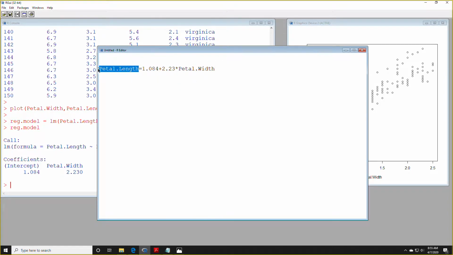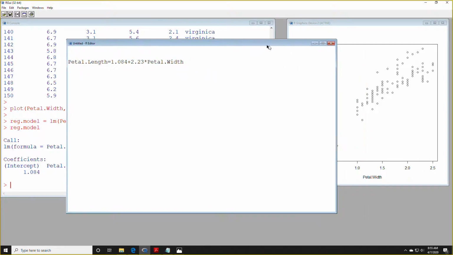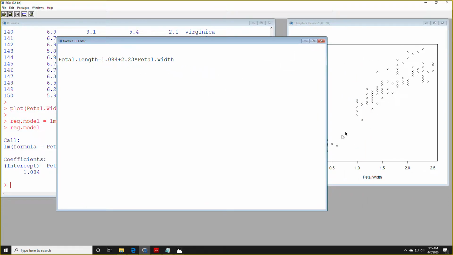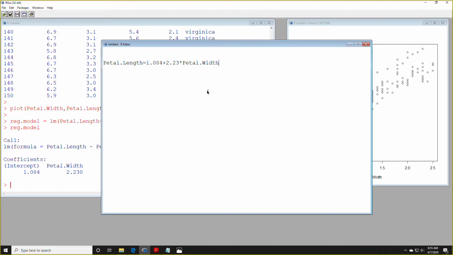Again, petal length here is y hat, and this is x. So this is the equation of my regression line that we will show in just a minute. Anytime I want a prediction for a petal's length, all I have to do is put in an observed or a future petal width, and it spits a number out: just 1.084 plus 2.23 times whatever petal width I plug in.